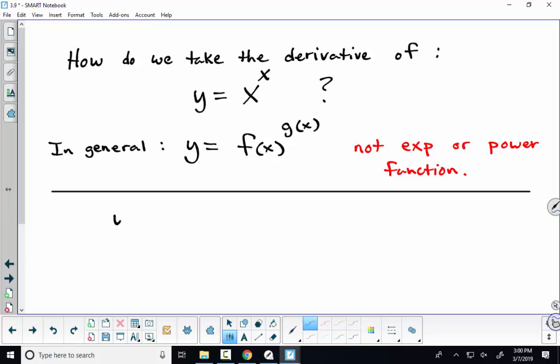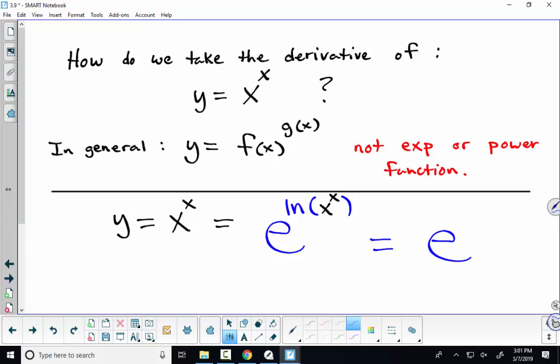So let's just stick with y equals x to the x, just to make it simple. So the inverse property of exponentials and logarithms, you can write x to the x as e to the power ln x to the x, which is e to the x times the natural log of x.